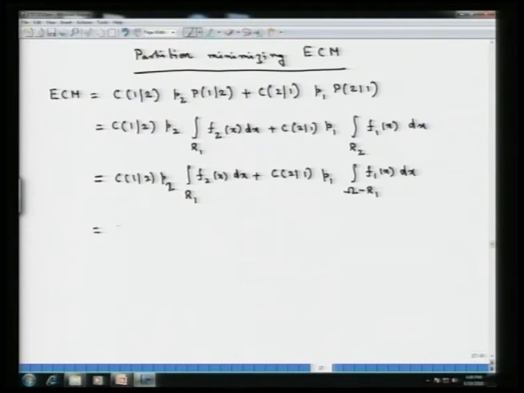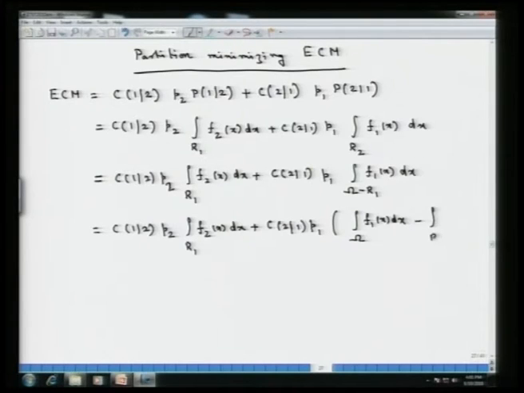So what we can see from this expression is the following: C1 given 2 into P2 integral over R1 of f2(x) dx, plus, now the first integral gets split into two terms: P1 times the integral over omega of f1(x) dx, minus the integral over R1 of f1(x) dx. This is going to lead us to the expression written here.